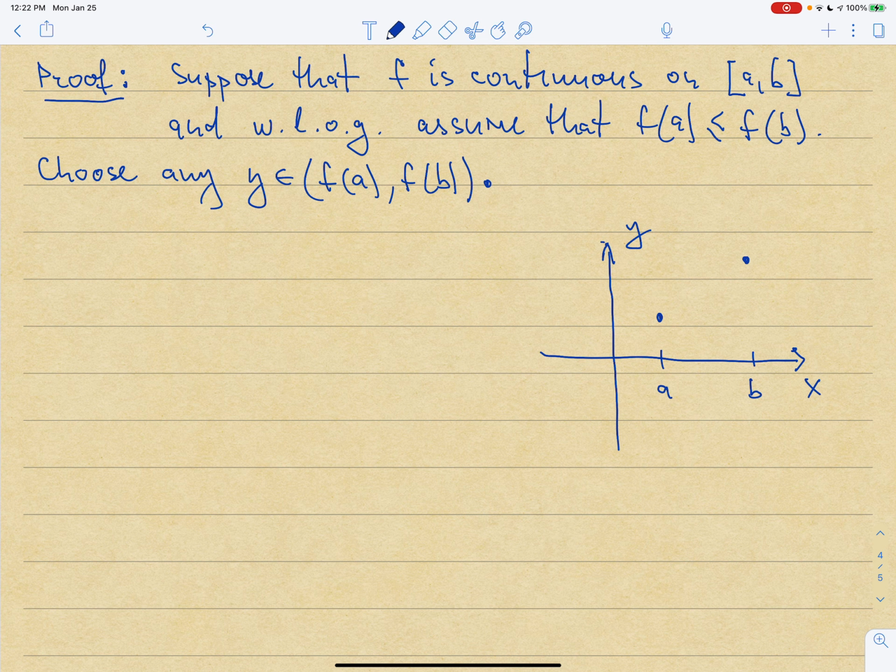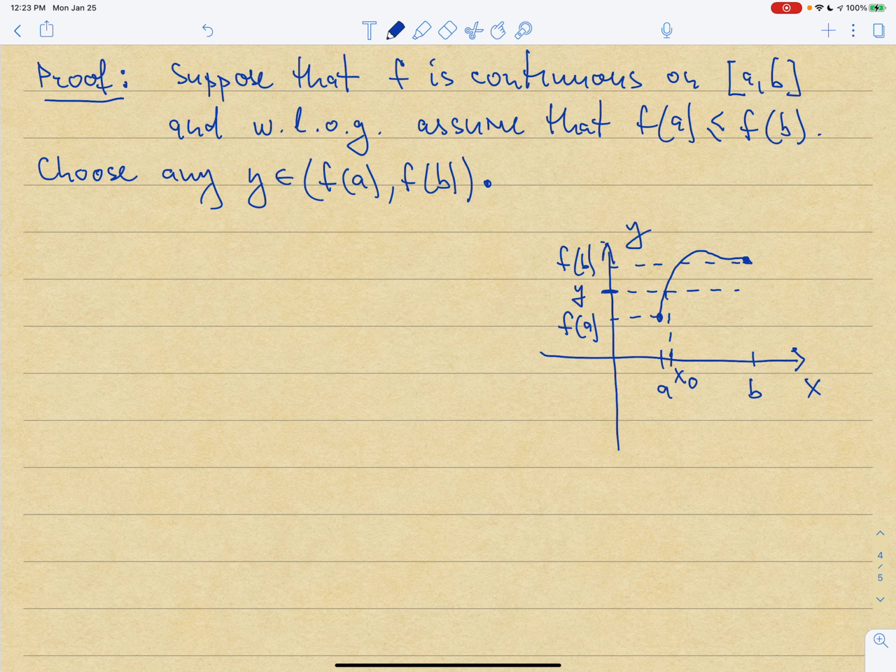Now, clearly, if I try to connect these two values by a graph, then no matter which value of y I choose between f of a and f of b, I'm always guaranteed that my graph is going to intersect the line y equal to this fixed value of y, and this will be my point x0, right?